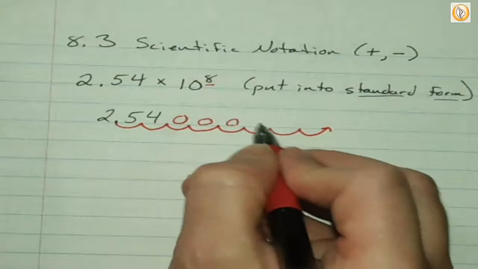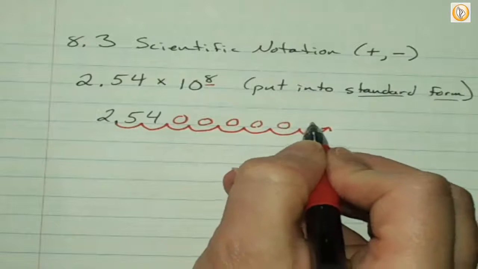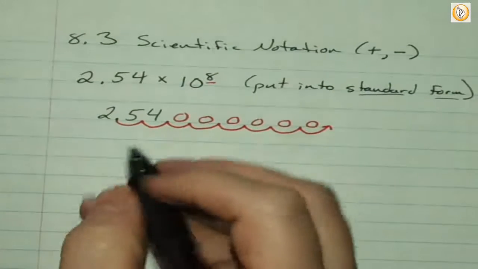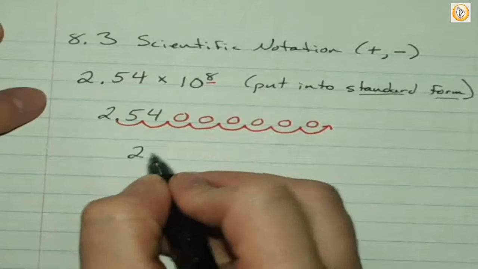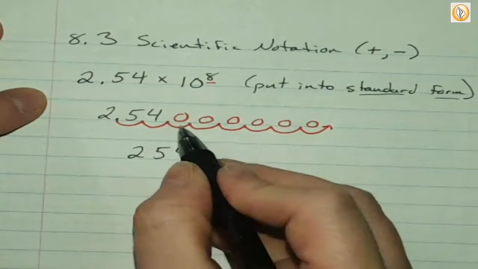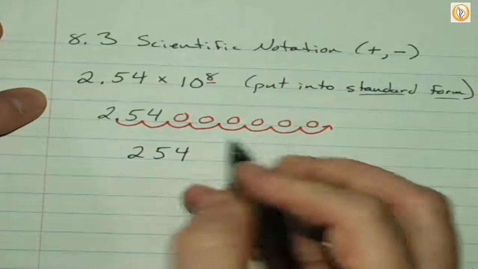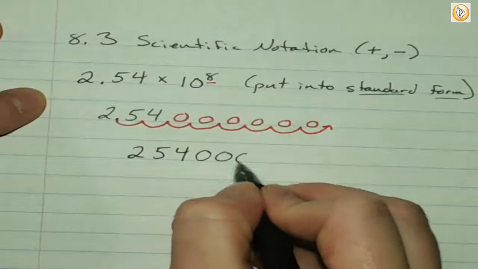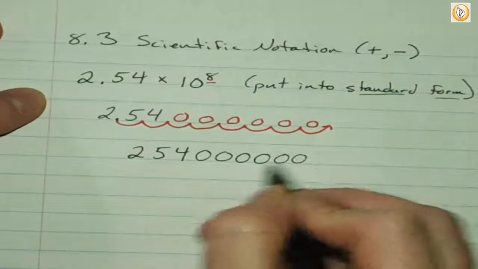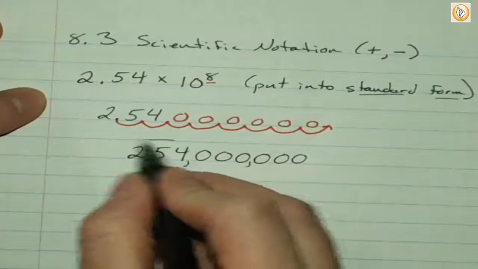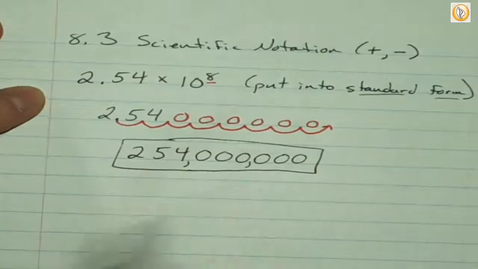You put a 0 only in those little hoops. And then you rewrite the answer 2, 5, 4, and then there's 1, 2, 3, 4, 5, 6 zeros. And there is the answer in standard form.